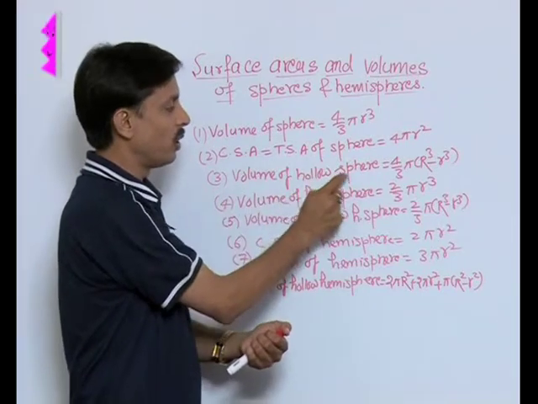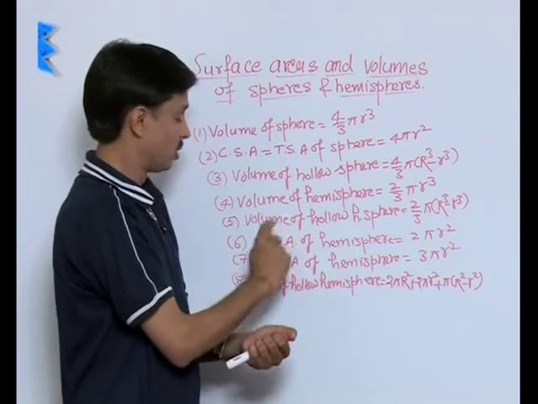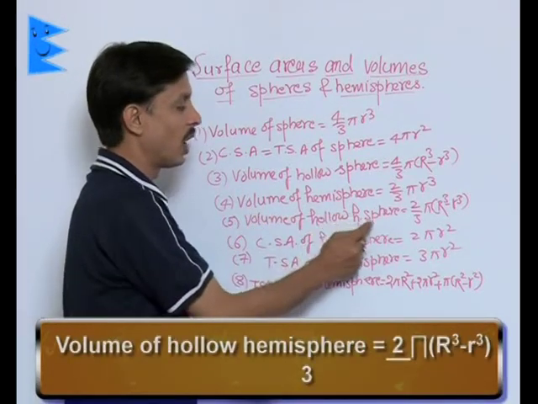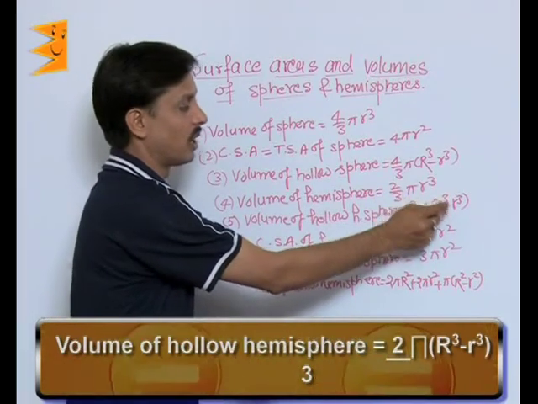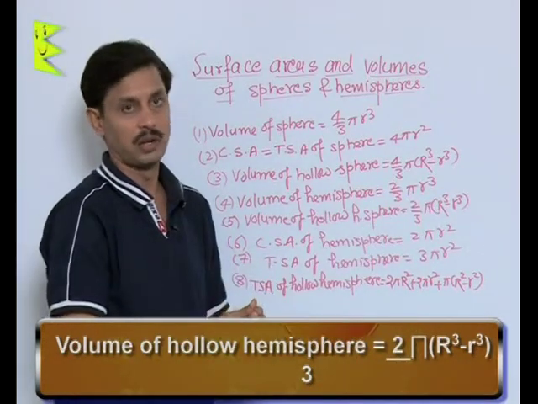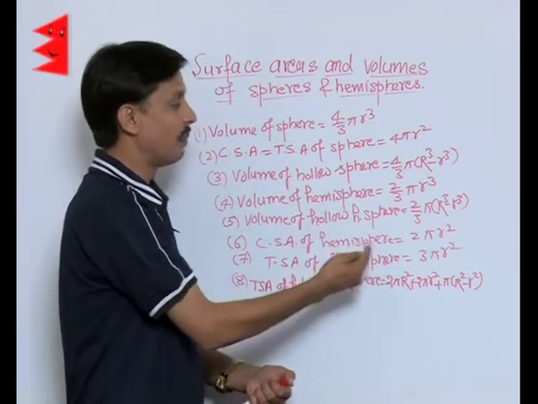Volume of hollow sphere was 4 by 3 pi, capital R cube minus small r cube. So the volume of hollow hemisphere will be given by 2 by 3 pi, capital R cube minus small r cube.